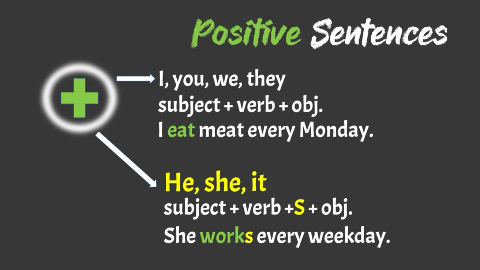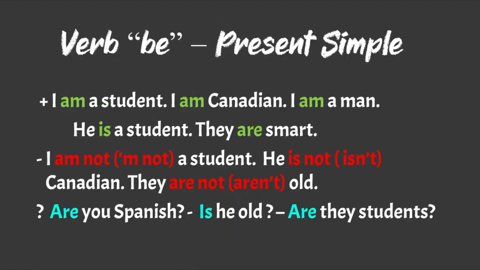Now, what happens with the verb to be? That's what we're gonna see now. So the verb to be is particular. Why? Because it follows another rule.